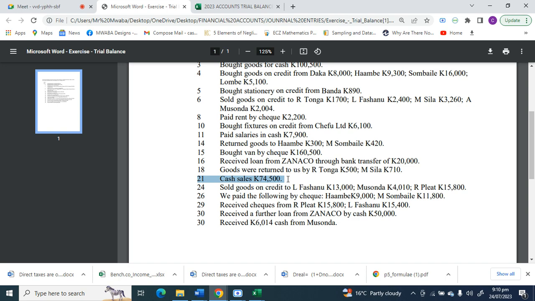Both are increased. Sales revenue, credit sales revenue, 74.5.